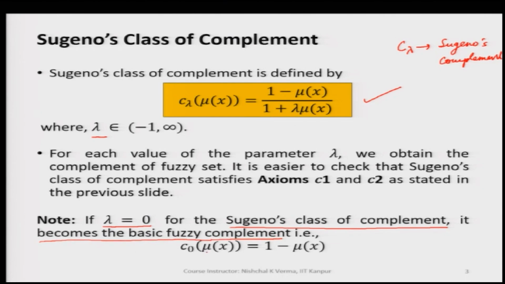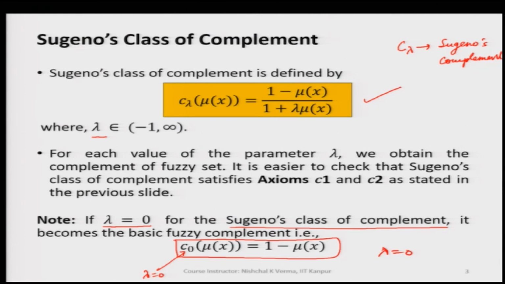So, lambda is equal to 0 means C0, and this becomes C0 of mu of x is equal to 1 minus mu of x.